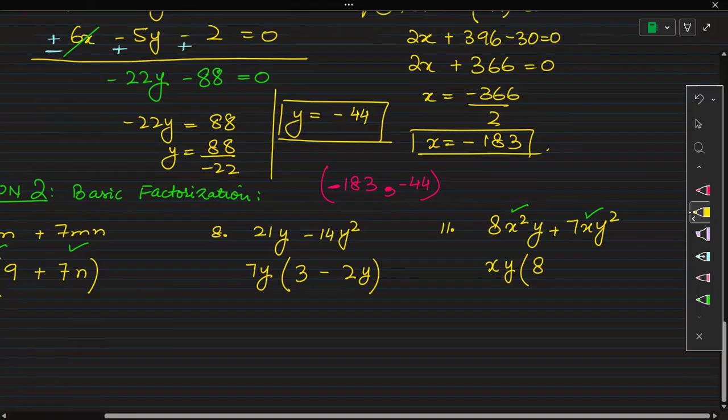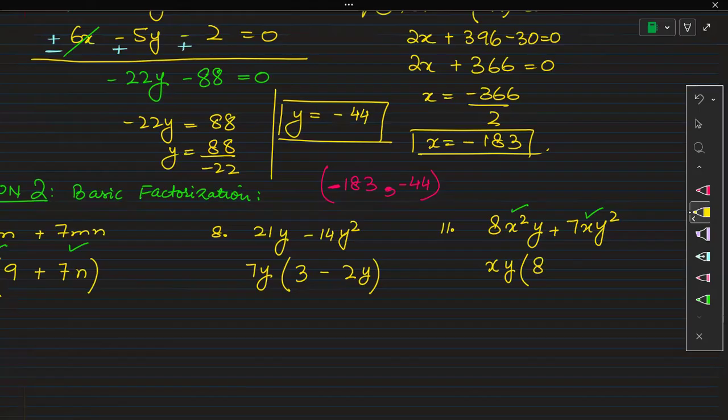8, and x and y both have been taken common. So therefore, I'm not going to write y because y is a 1 here. But if you look at x, we have x squared. X squared means x into x. So if you have taken one x out, you are left with one x inside the bracket.